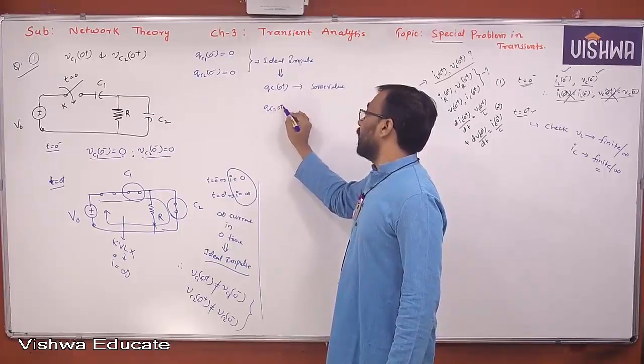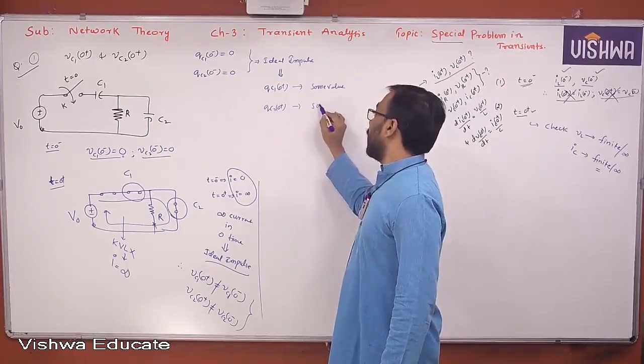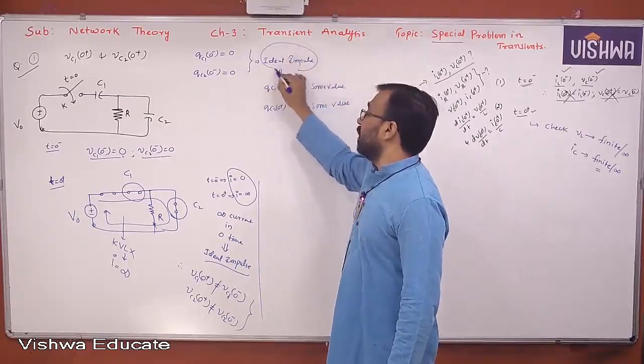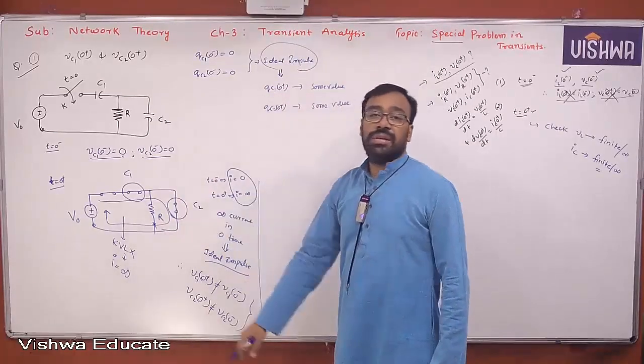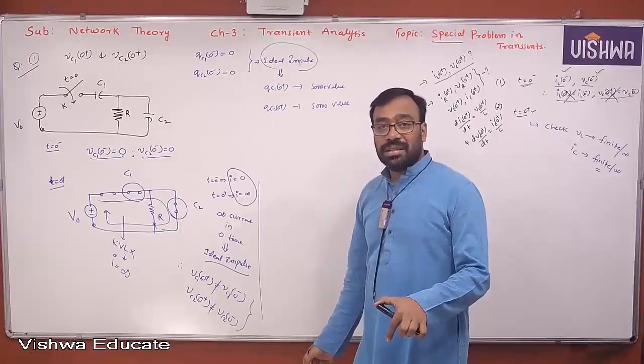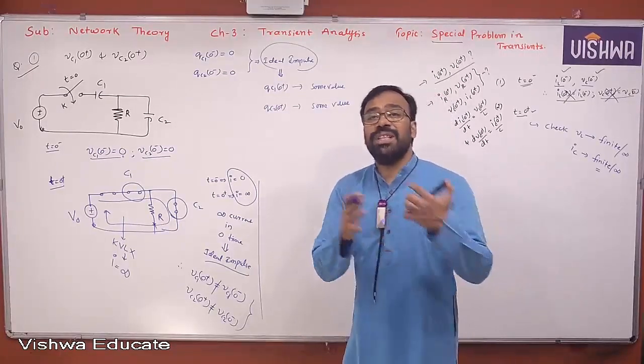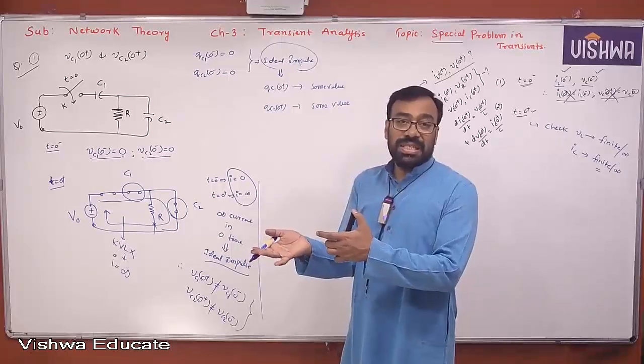QC2 of 0 plus will also move to some value, because this ideal impulse current will force the charge on each capacitor to change from its initial value to some other value. You understand, all of you?